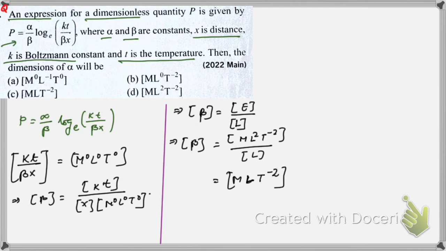This is the dimensional formula of beta, right?